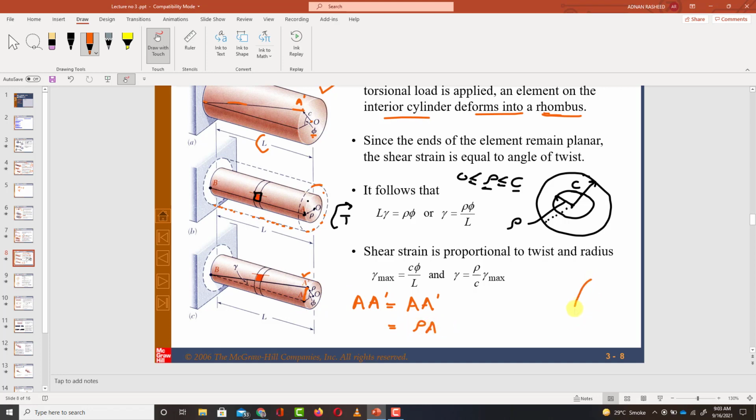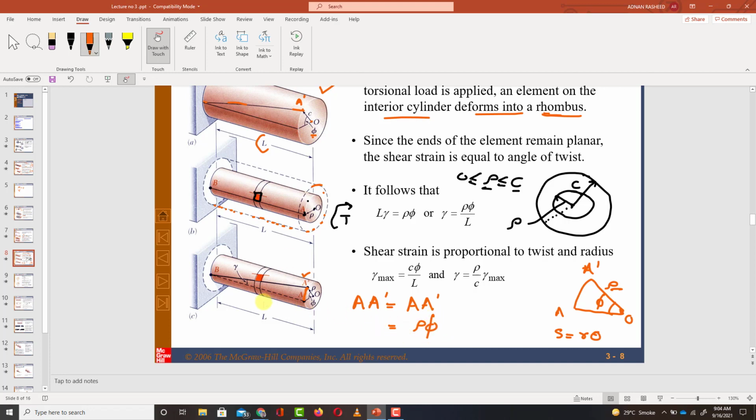For example, you have this center, this is point A dash, this is point A, and this is the angle of twist. By using S equal to R theta, here S is the arc AA dash, R is rho and theta is phi, so AA dash will be equal to rho into phi.